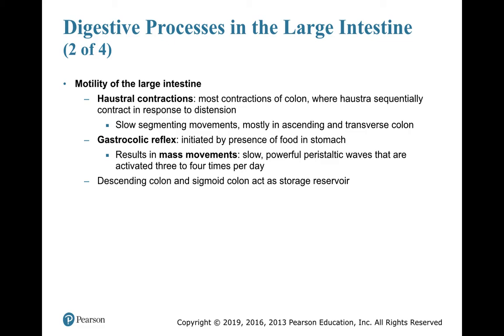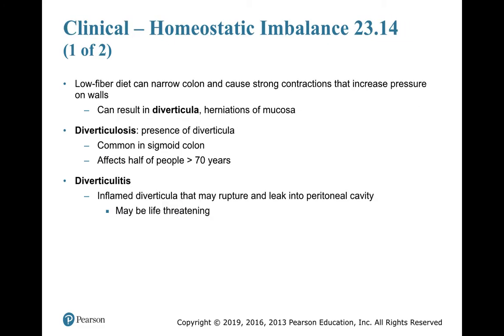That results in mass movements, which are slow but powerful peristaltic waves that activate 3 to 4 times per day, and the descending colon and the sigmoid colon act as storage reservoirs. Low fiber diets can narrow the colon and cause strong contractions that increase pressure on the walls. That can result in diverticuli or herniations of mucosa.